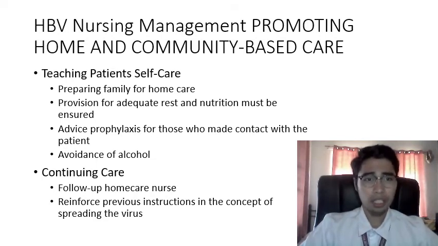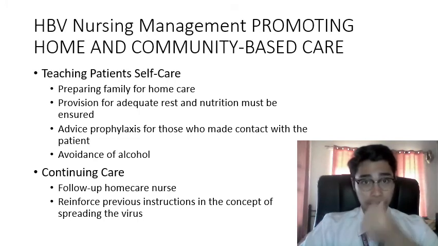Home care. Okay, we need to do follow-up visits by a home care nurse that may be needed to assess the patient's progress and answer family members' questions about disease transmission. And a home visit also permits assessment access so that we can assess the patient's physical and psychological status and the patient's family.